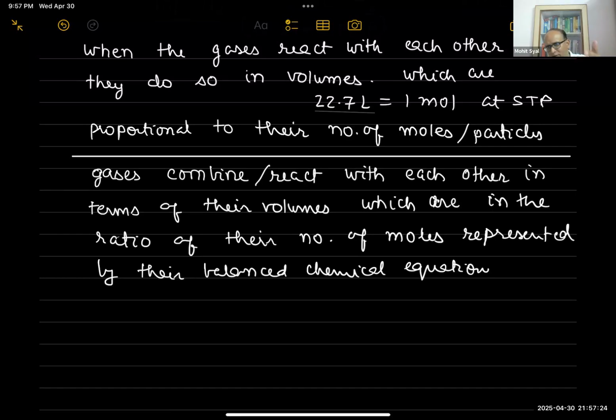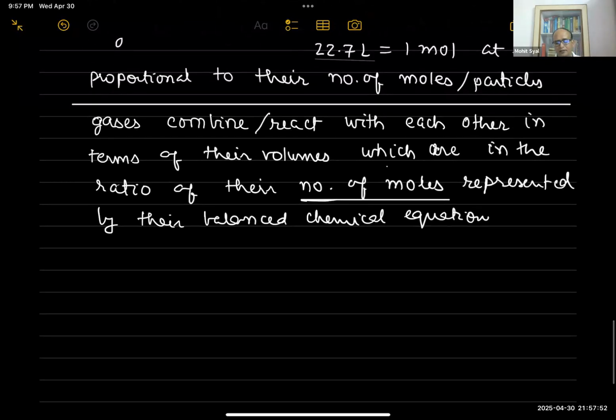The unit you can decide as per the question. So they do so in terms of their volumes, and those volumes are not arbitrarily chosen. They are in the ratio of their number of moles represented by their balanced chemical equation.